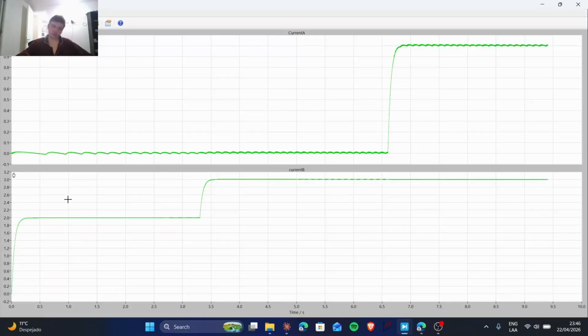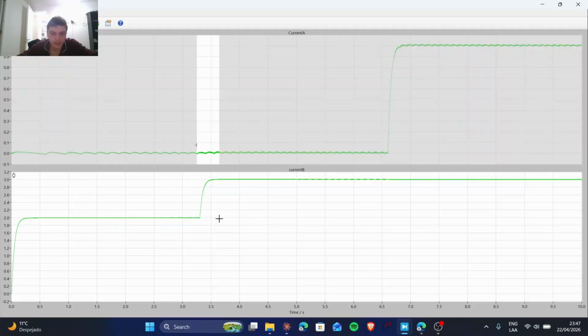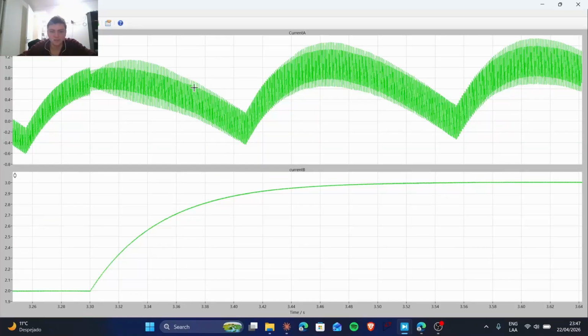At the beginning, the reference current for the quadrature axis is 2 amps, and we can see that at about 0.3 seconds, the quadrature current has converged to the reference, and at 3.3 seconds, the step in the reference is perfectly controlled by the system.